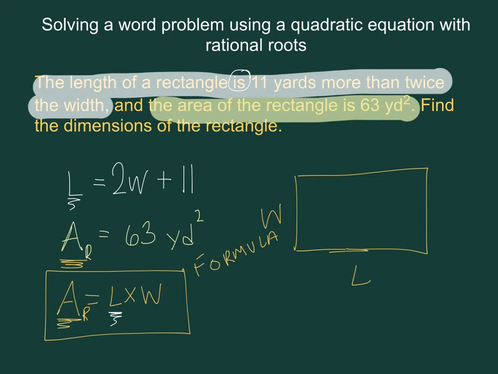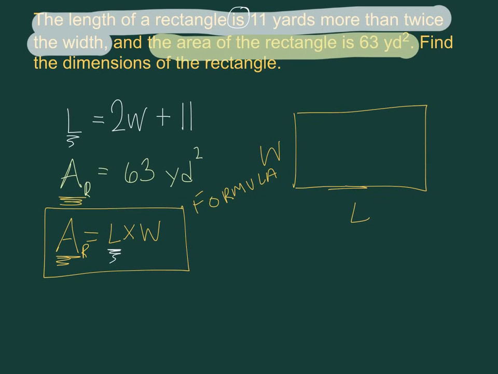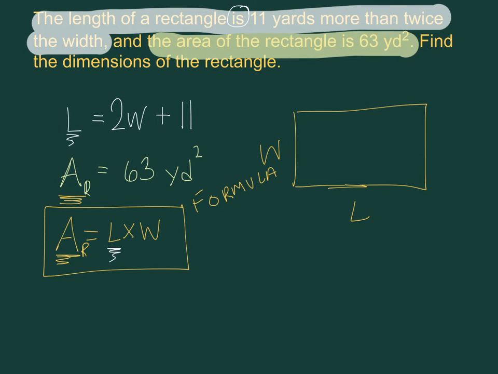So now we're finally to the solving part, and this part goes fairly quickly. So let me just scroll this up. And here we go. We've got the area of the rectangle, which I know is 63, and that needs to equal the length.